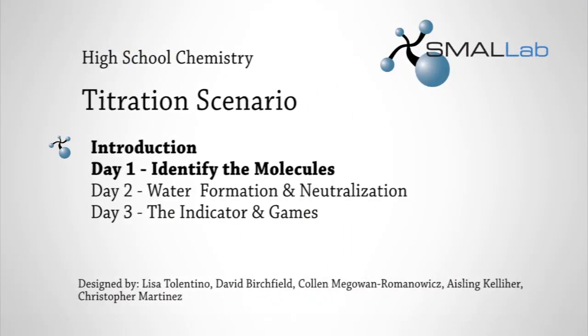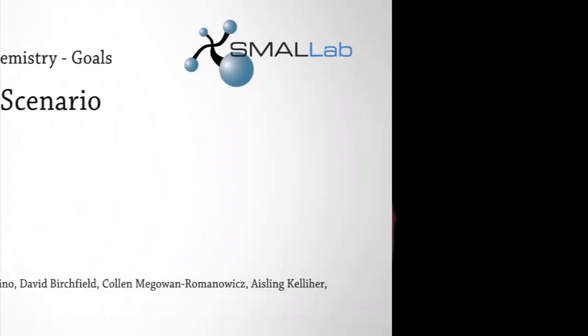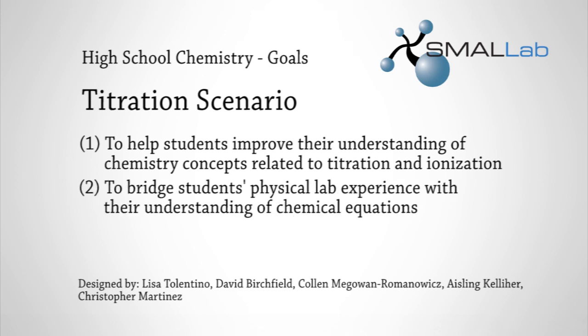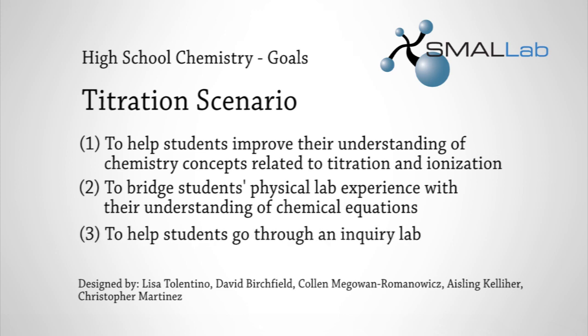Today I will be presenting the titration scenario, which you can use in your chemistry classroom over the course of 3 days. The central learning goals for the titration scenario are to help students understand chemistry concepts related to titration and ionization, to connect students' physical lab experience with their understanding of chemical equations, and to help students go through an inquiry lab process.